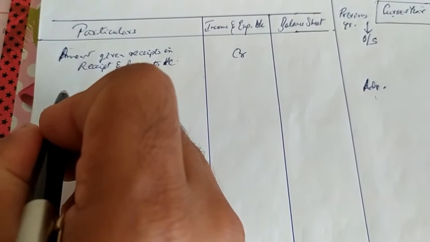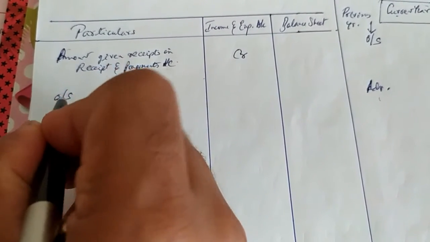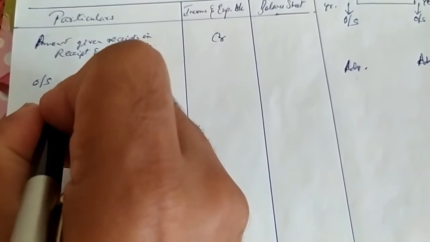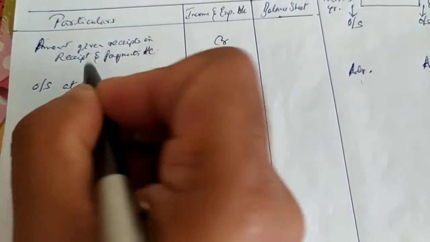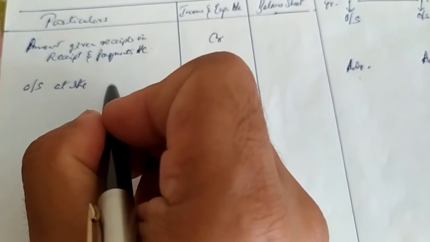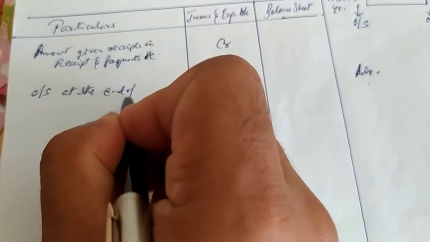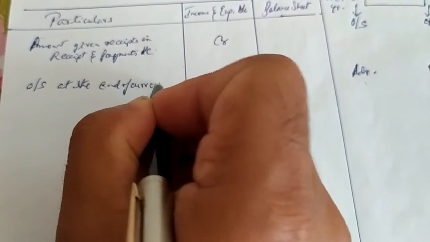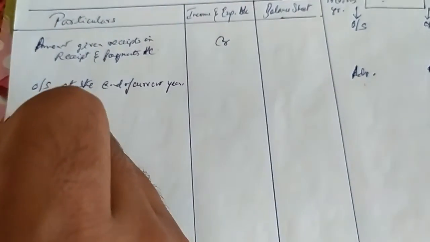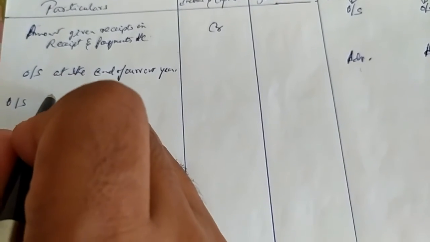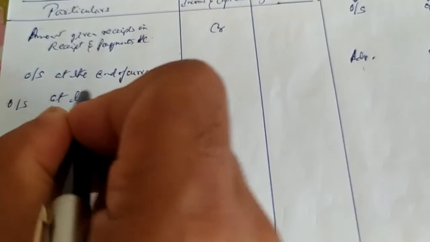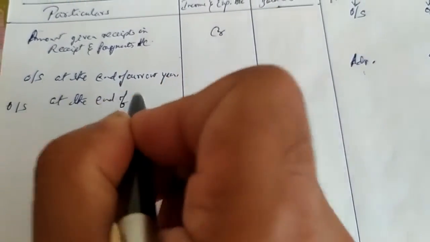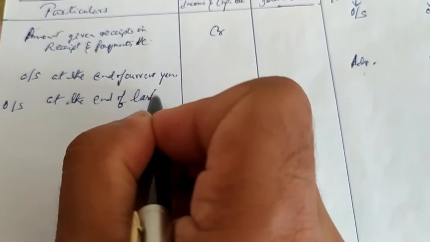So what we have are outstanding at the end of the current year and outstanding at the end of the previous year, that is last year.